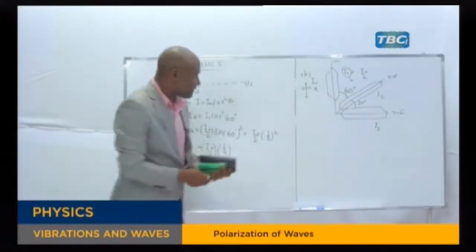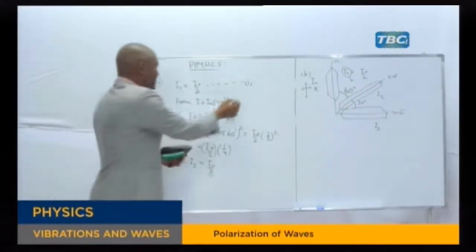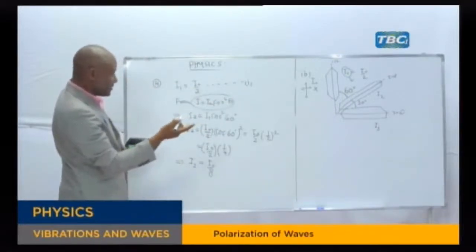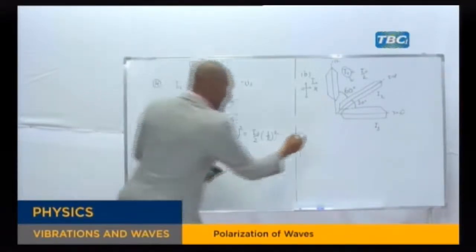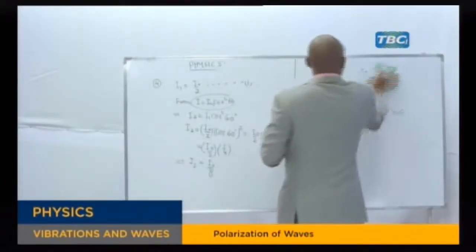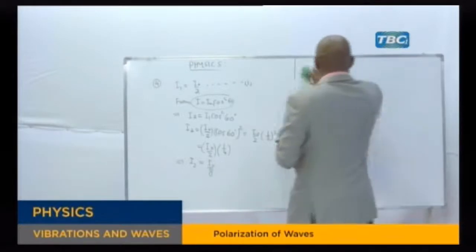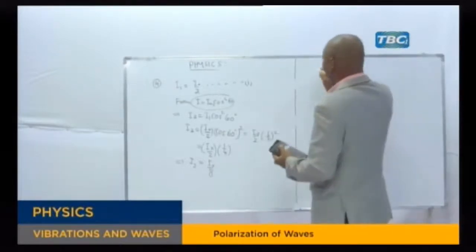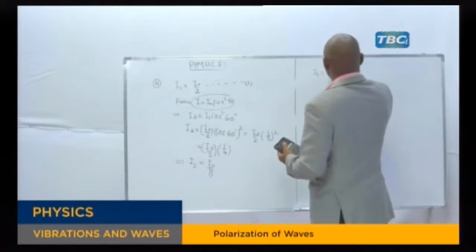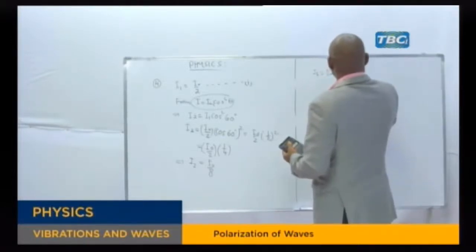You can use the same formula, but the angle there is 30 degrees, and we have I3. I3 equals the maximum times cos squared theta.